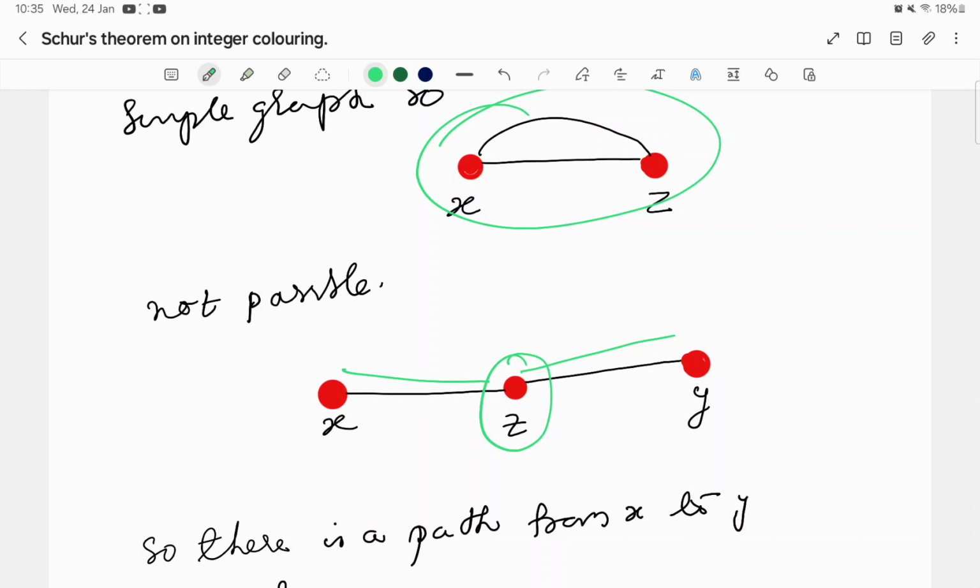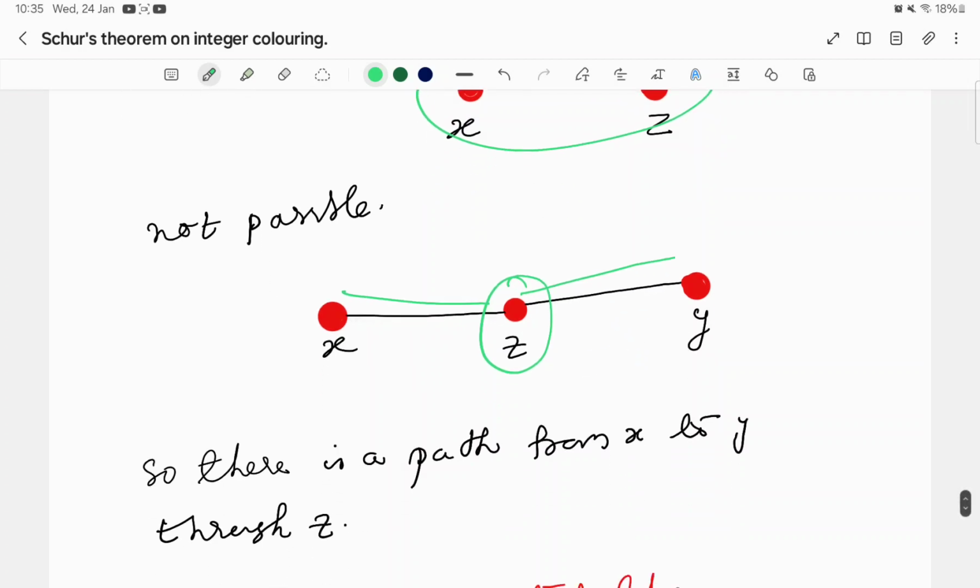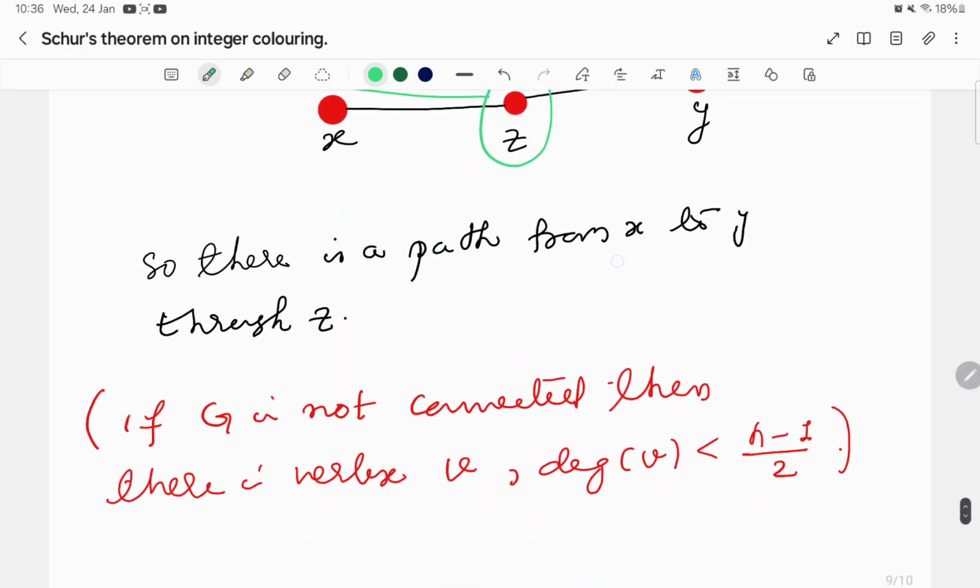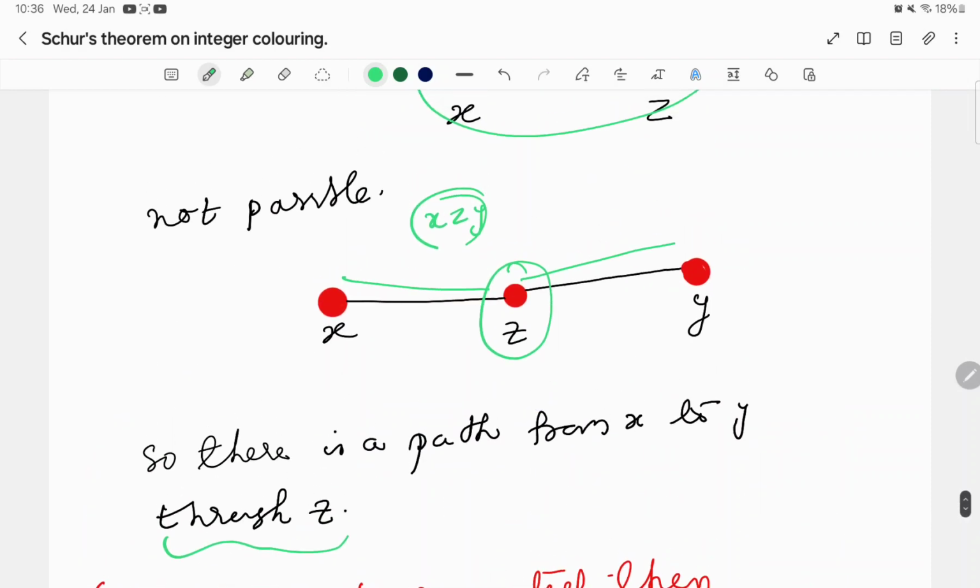You can't make many edges connecting from y to z because there are no multi edges. So by the pigeonhole principle, we got a vertex z exactly in between x and y. So there is a path: x, z, y. So we took x and y arbitrarily and we got a path, that means they are connected.